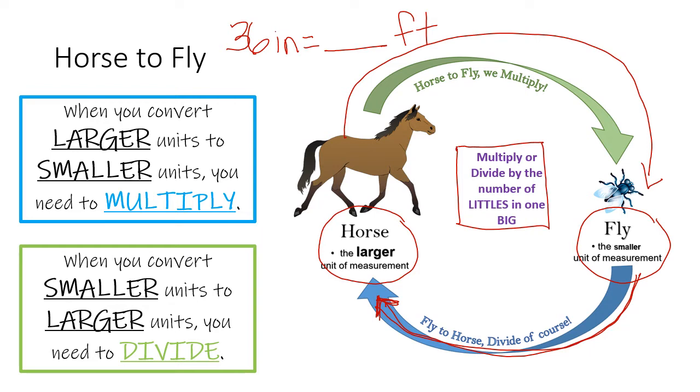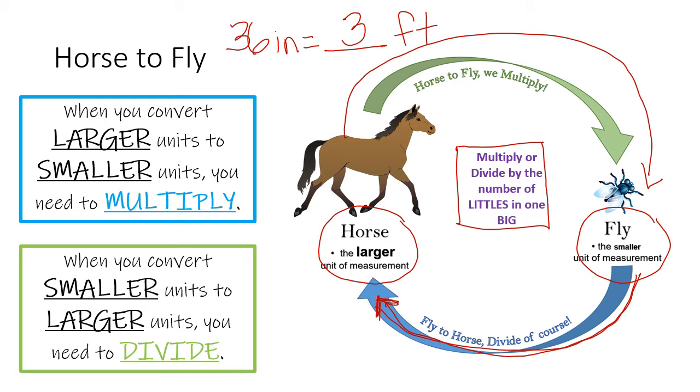Inches is our little unit. How many inches are in 1 foot? Foot is our big unit. So how many littles are in one big? How many little inches are in one big foot? 12. You're absolutely right. So we're going to divide by 12. 36 divided by 12 is 3. So 36 inches is 3 feet.